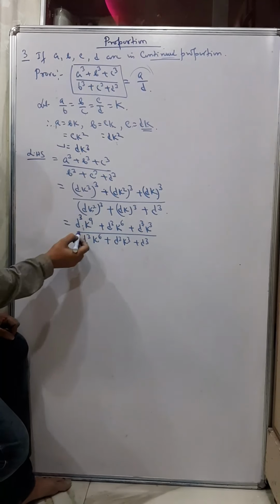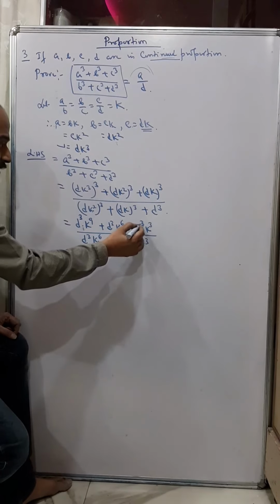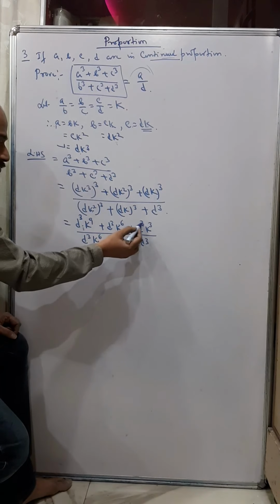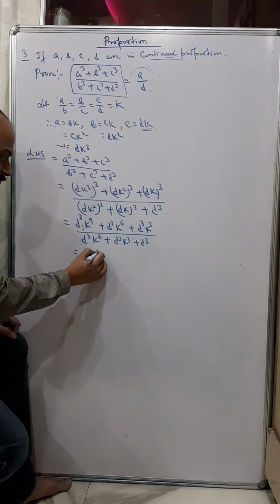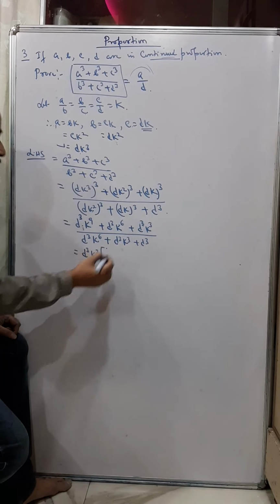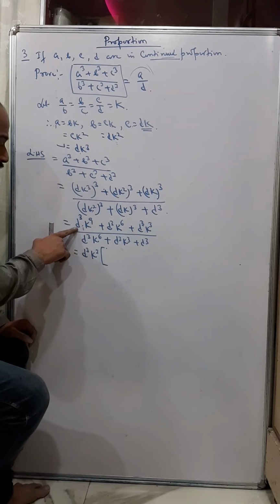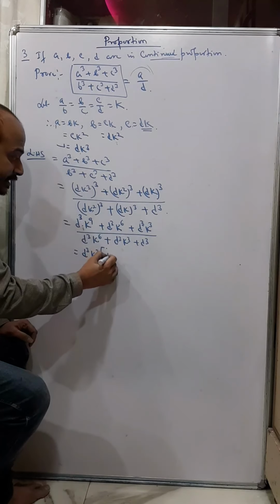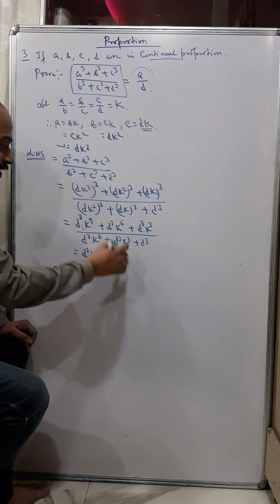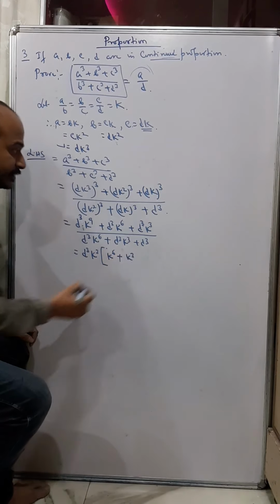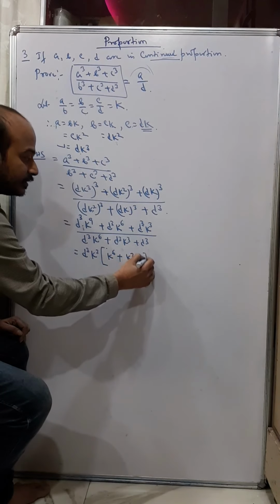Now I can take common here. What I can take common? I can take D cube K cube common. You can see D cube K cube common in the numerator. So what is left here? D cube K9, so I get here K6. Again K cube here, and I get 1. Right?